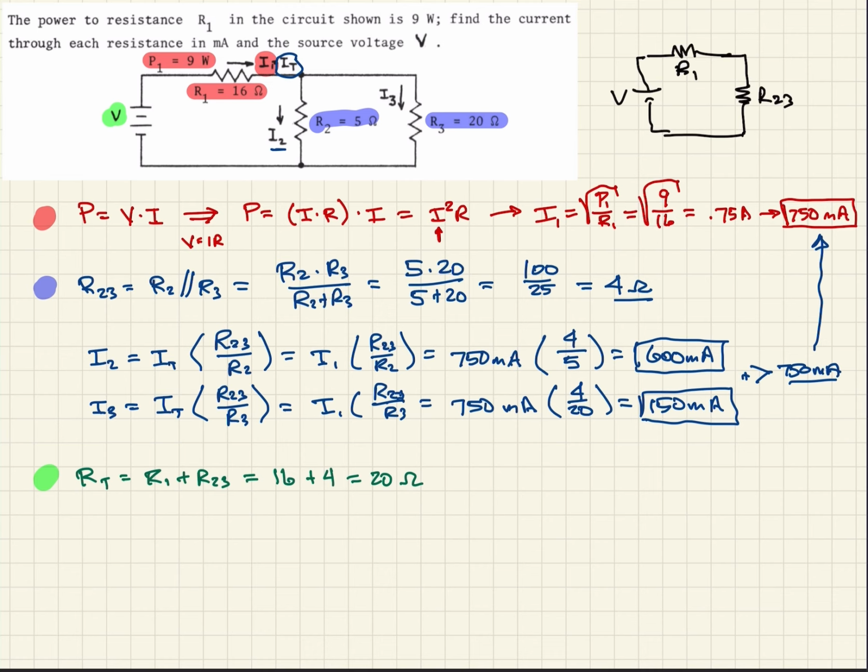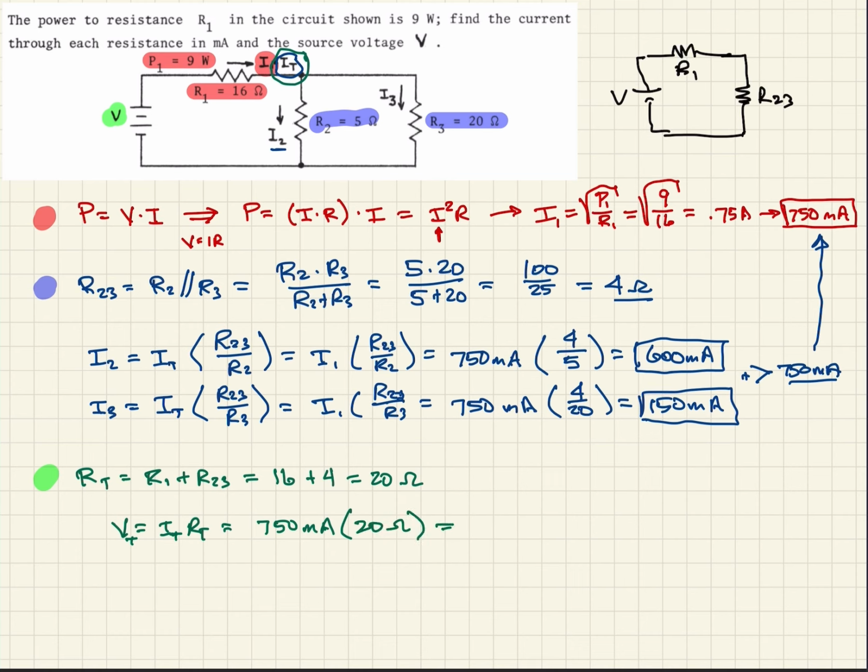We know what the total current is, because again, it's the same as I1 up here. So now we should be able to just use Ohm's law simply: V total is equal to I total times R total. That'll give us 750 milliamps times 20 ohms.